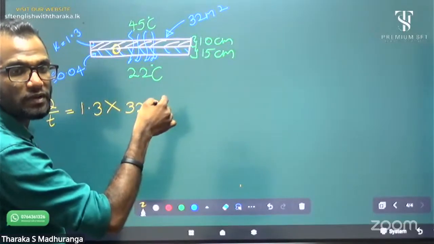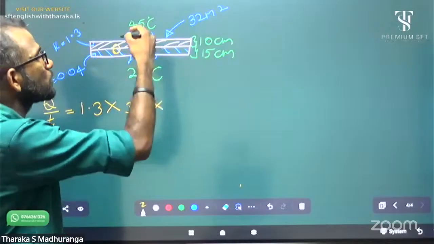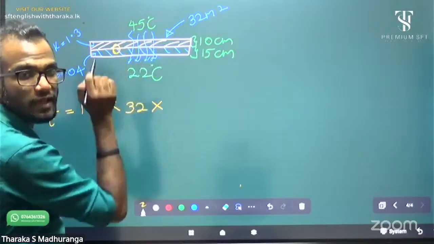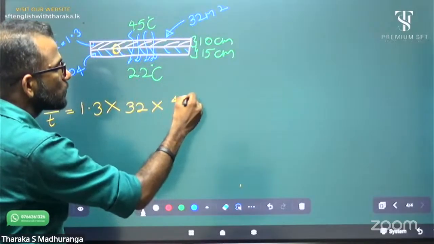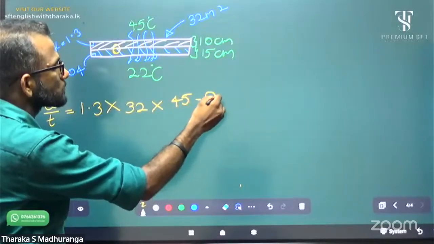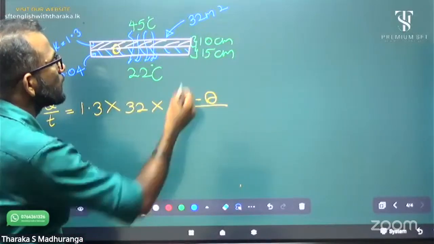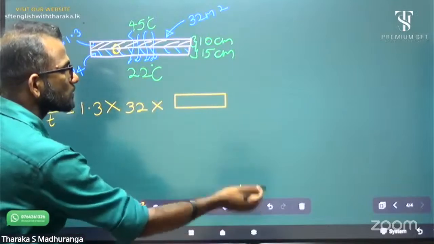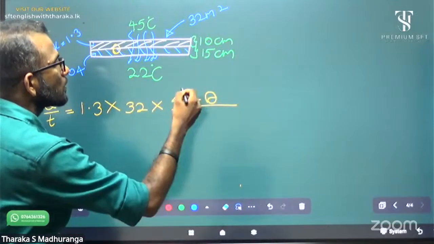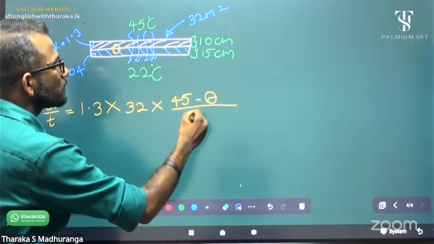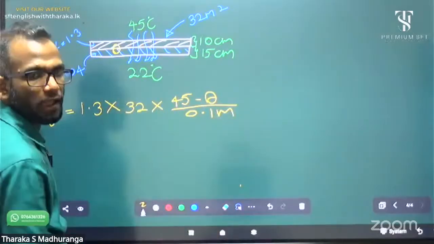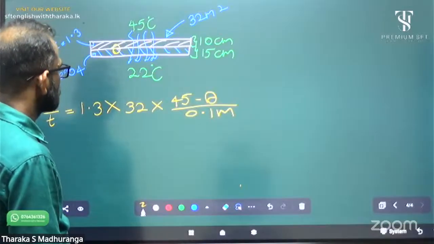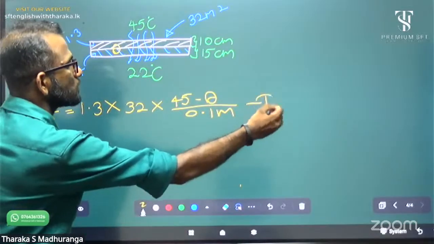What's the temperature difference? 45 minus theta, because 45 is greater than theta. Divide by the thickness, 10 centimeter, which means 0.1 meter. This is my first equation.